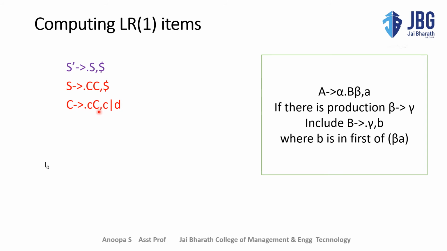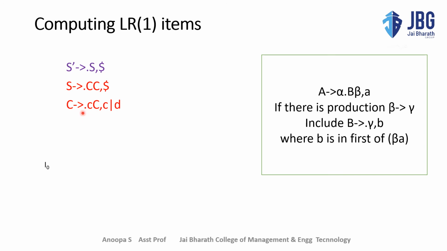Now how will I get the look ahead? Beta a is capital C comma dollar, and when I take first of capital C comma dollar, I get the values small c and small d. So I have included the look ahead as small c or small d.